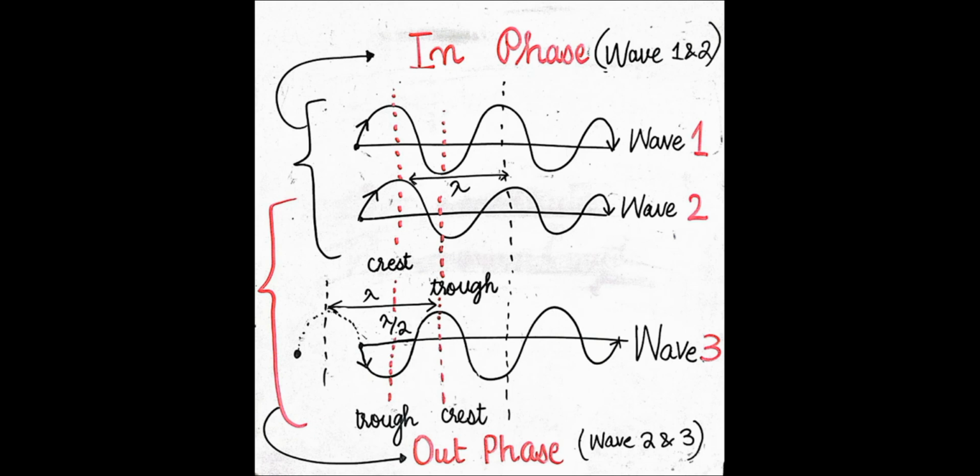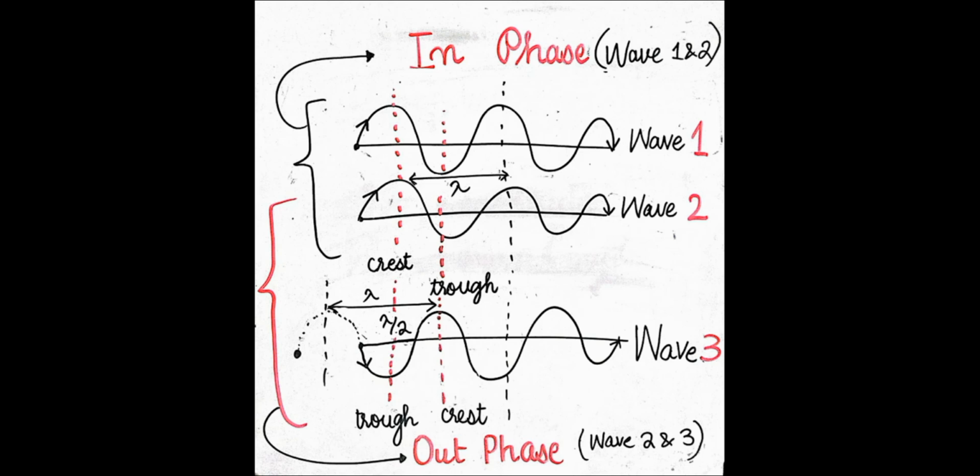We have already told you about constructive interference: when two waves combine, they superimpose on each other and construct. They construct in a way that this crest will meet this crest and it will grow, right? The wavelengths will add to each other in order to make a big wave. That is what in phase means.